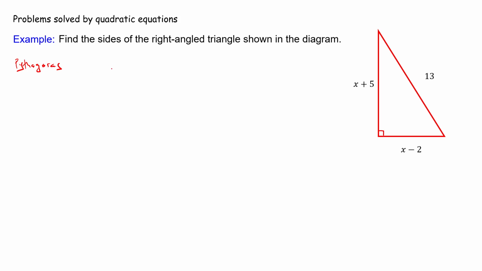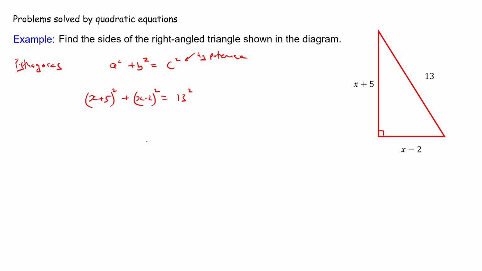So by Pythagoras, a squared plus b squared is equal to c squared, where c squared is the hypotenuse, the longest side. So if we sub in the information we have, that means x plus 5 squared plus x minus 2 squared is going to be equal to 13 squared.